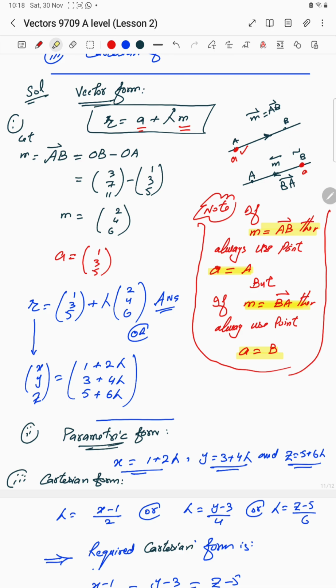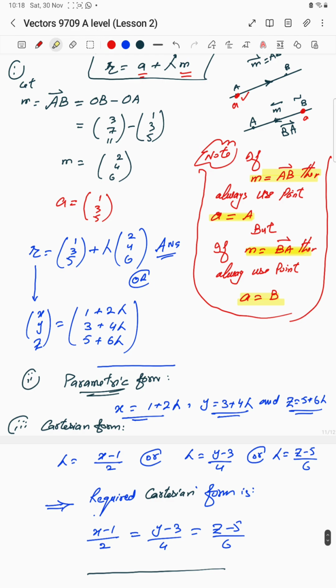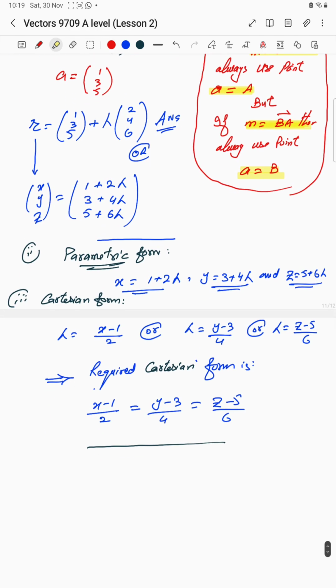I hope this is clear, and this is the end of the basic concept about how to find the equation of a line in vector form, in parametric form, and in Cartesian form.